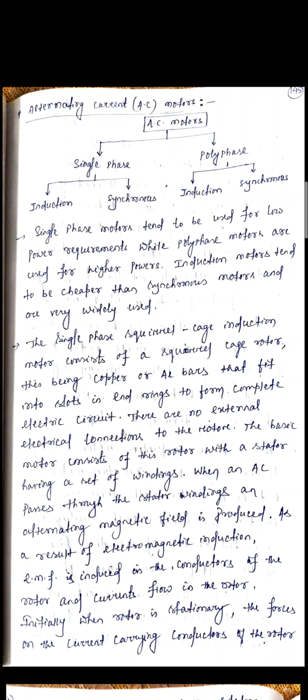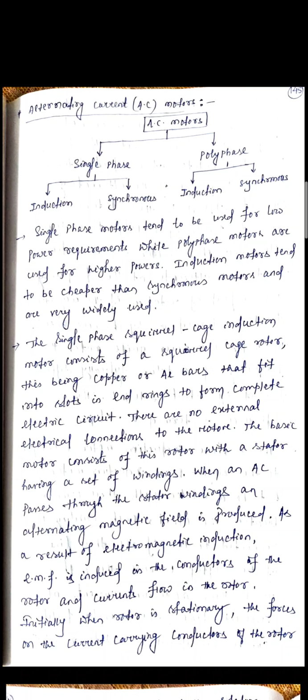An EMF is induced in the conductors of the rotor and currents flow in the rotor. Simple concept: you are supplying the AC voltage, so an alternating magnetic field will be produced. As the alternating magnetic field is produced, it will generate an electromagnetic induction or EMF, and this EMF will create the current that will flow in the rotor.